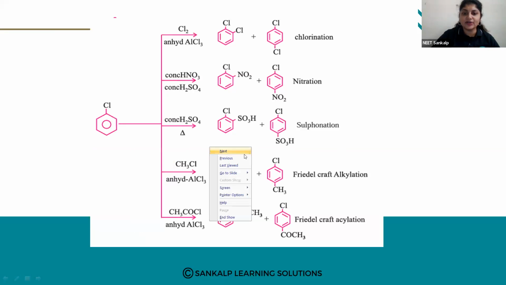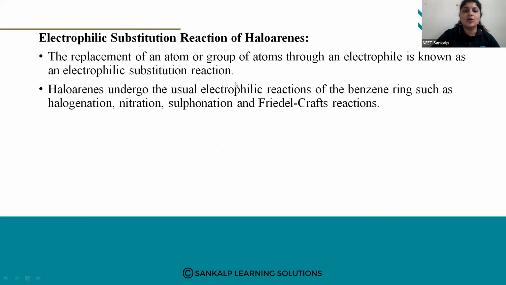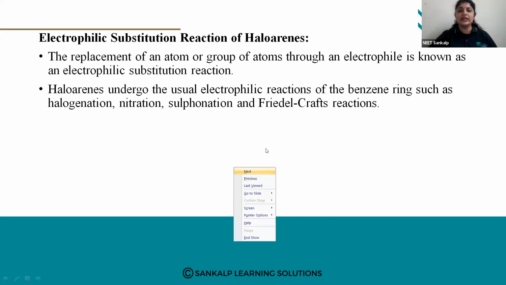These are the different electrophilic substitution reactions. Replacement of an atom or a group of atoms through an electrophile is called an electrophilic substitution reaction. Haloarenes usually undergo electrophilic reactions such as halogenation, nitration, sulfonation, and Friedel-Crafts reaction.